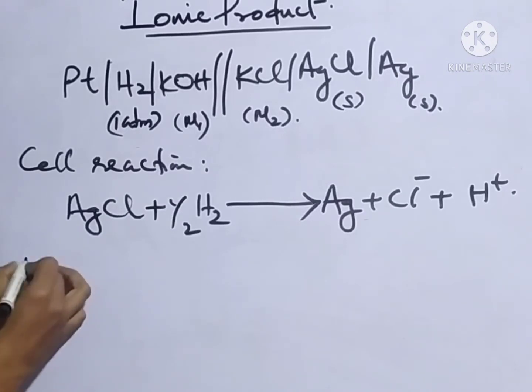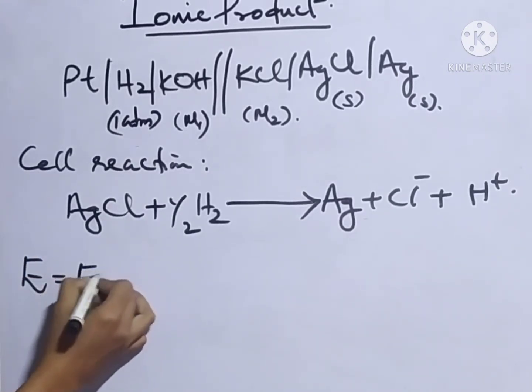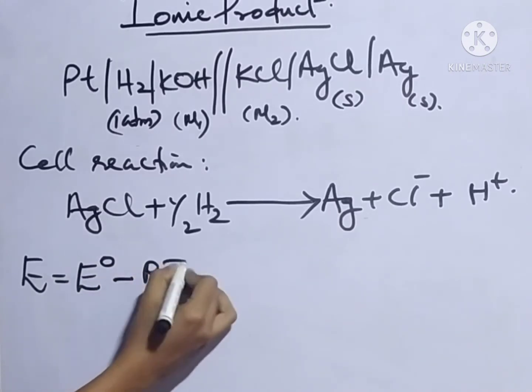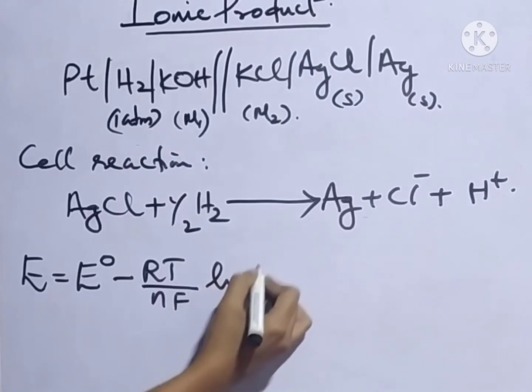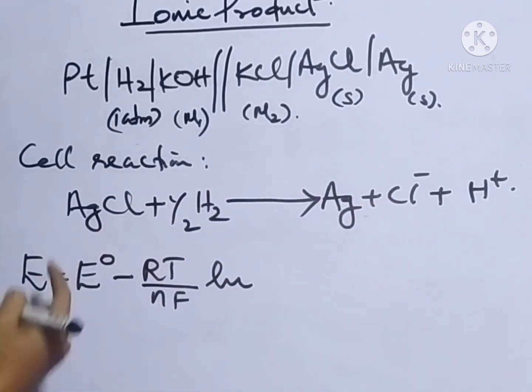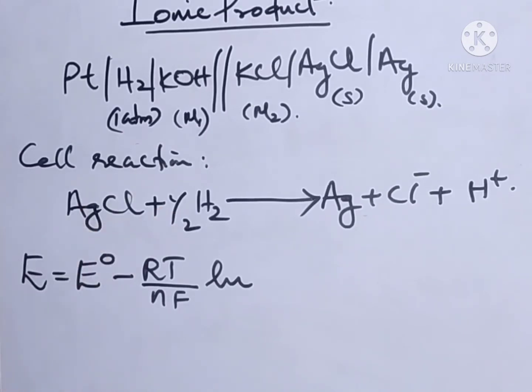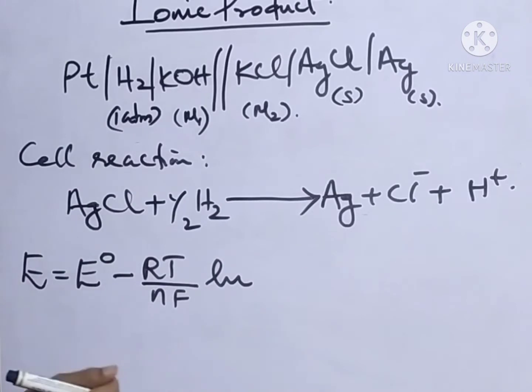So the E value, according to the Nernst equation, E equal to E0 minus RT by NF ln concentration of products divided by concentration of reactant. Here we are going to consider the effective concentration, that is activity.